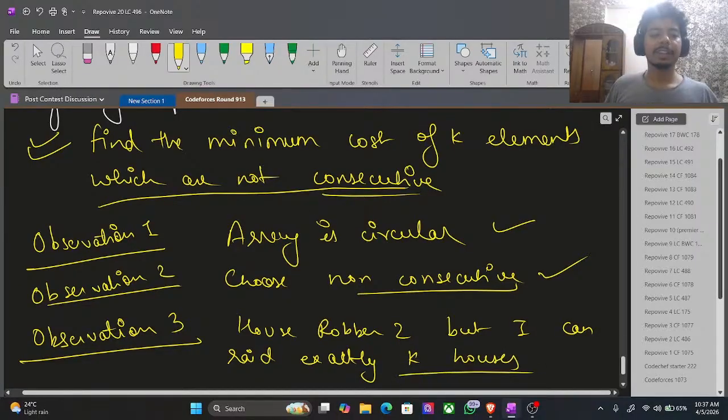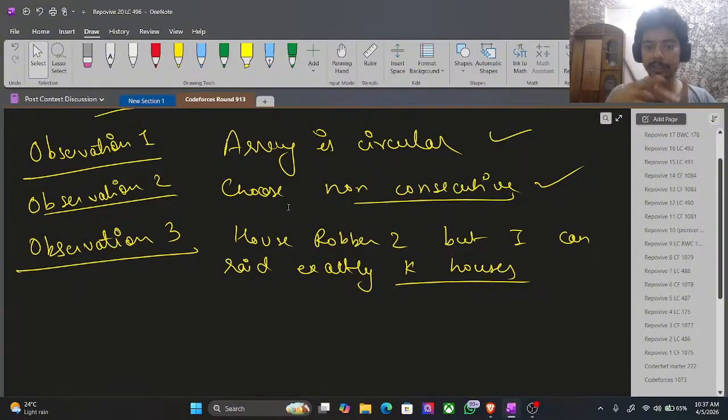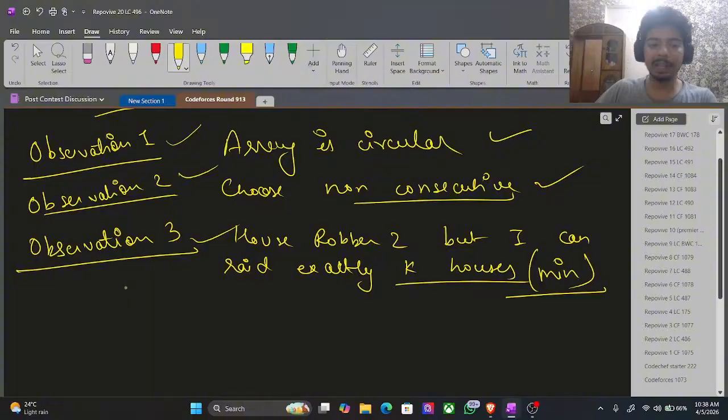Clear or not? So till here I have made three observations: the array is circular, I have to choose non-consecutive elements, and it is similar to House Robber 2, but I can rob exactly k houses. There you were asked for the maximum, we will ask for the minimum cost. Great.